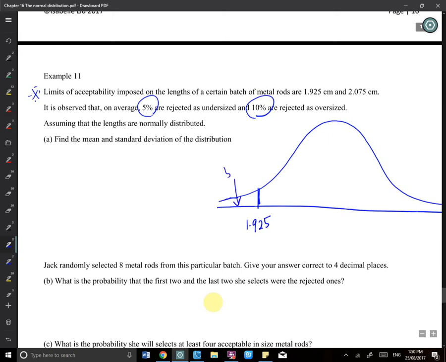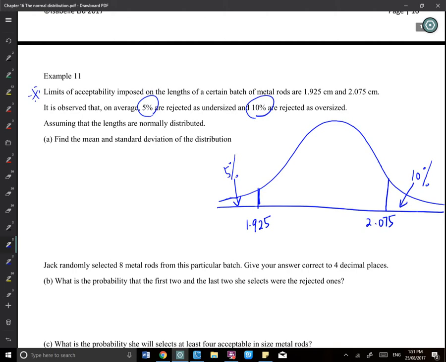That must be 5%. And 10% is oversized, that's 2.075. That must be 10%. Mu and sigma aren't given, I don't know that.